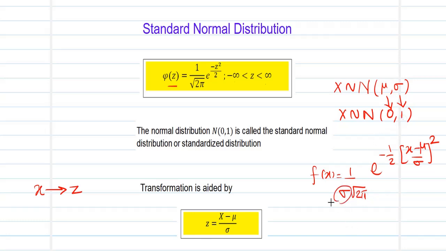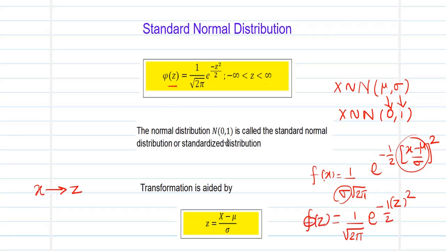Sigma is taking the value 1. So it becomes 1 divided by square root of 2 pi e power minus half into, how we are replacing this, this is replaced as z. So this becomes z square. So now this quantity which is in x has now turned out a quantity in z. So you name it as phi of z.